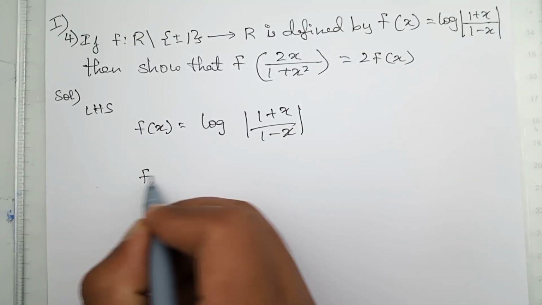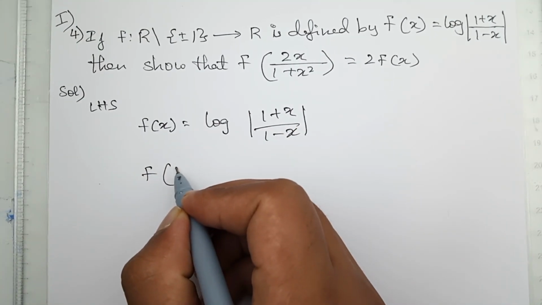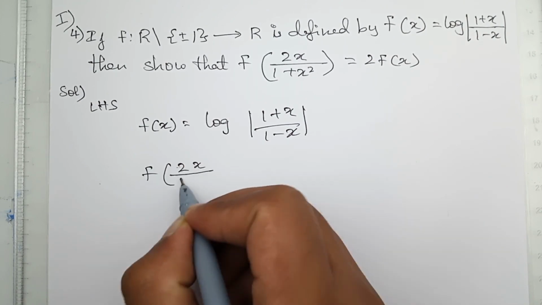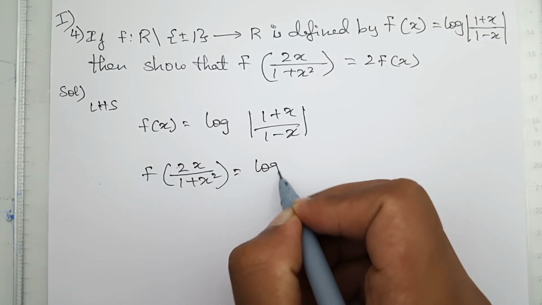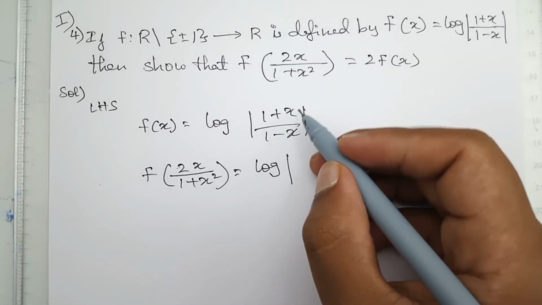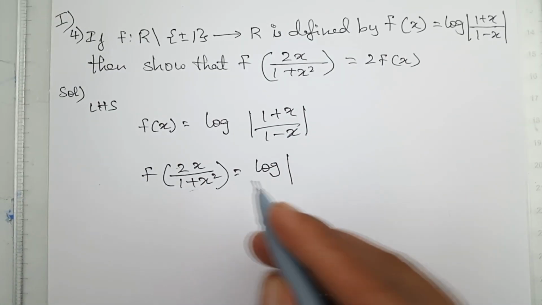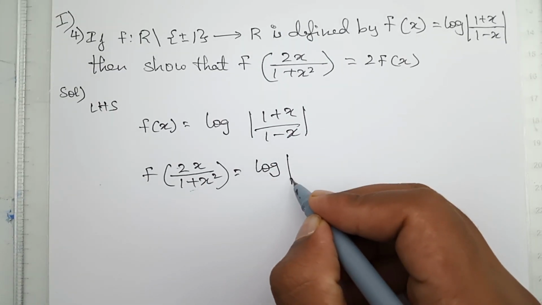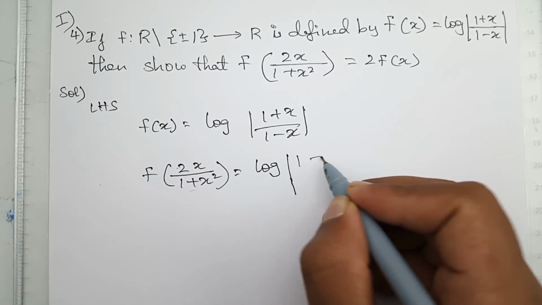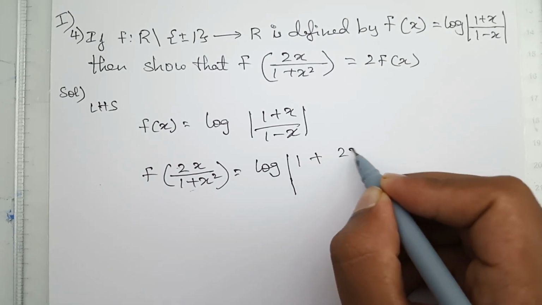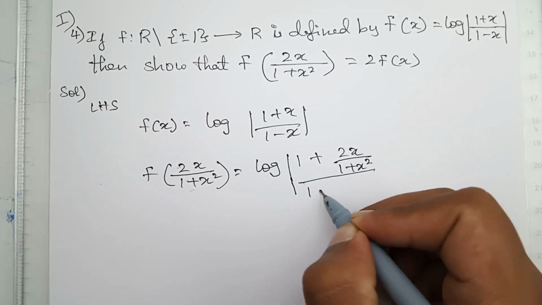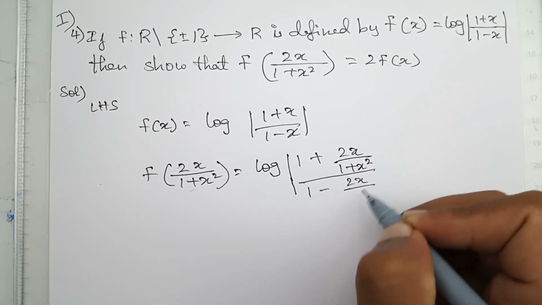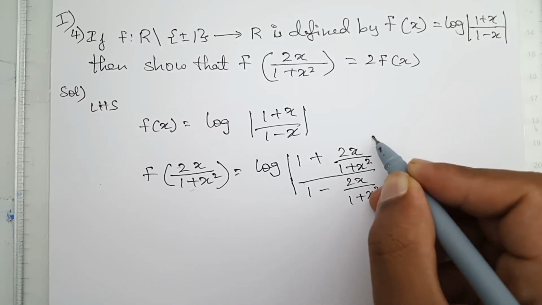So f of 2x by 1 plus x square is equals to log, here in place of x we should enter this, so log mod 1 plus 2x by 1 plus x square by 1 minus 2x by 1 plus x square.